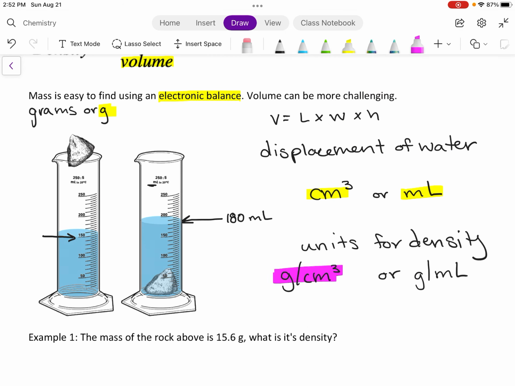So those are our units for density. And when we have a combination of units like that, we call those derived units, which y'all saw that word in our warm-up in the Quizlet.